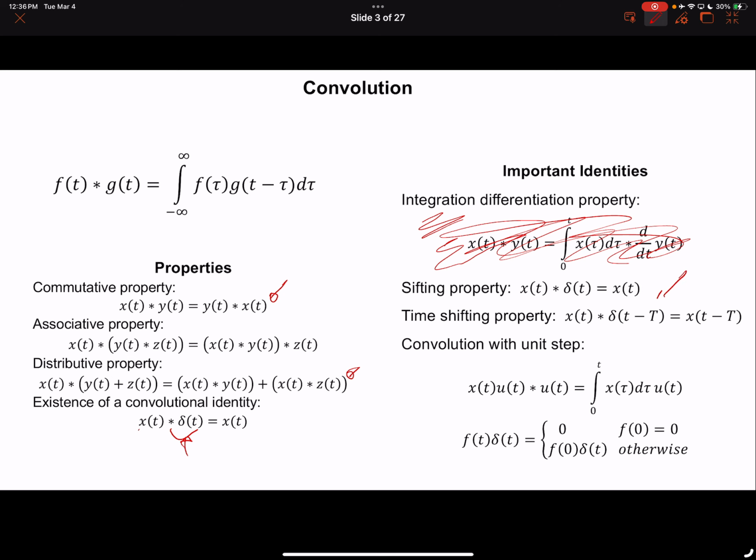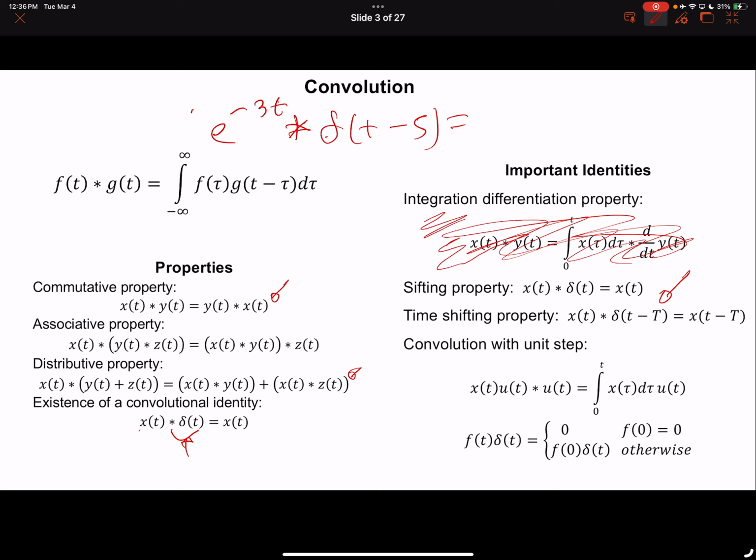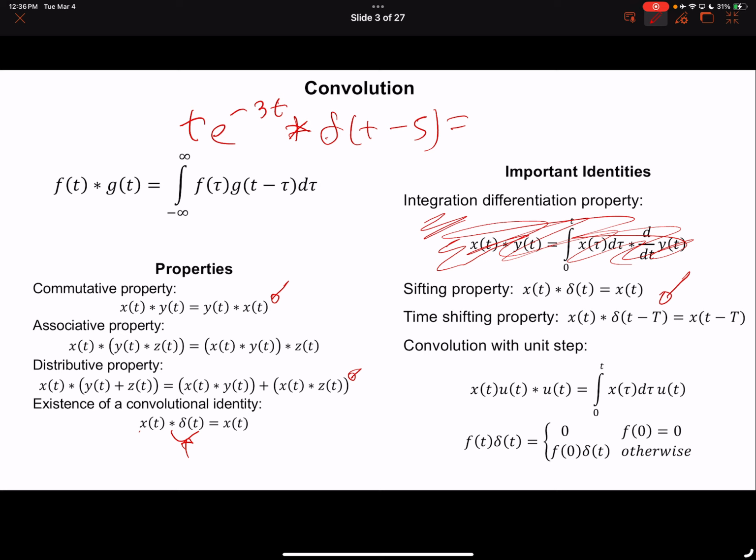But an important property is this time shifting property. So basically, if I have e^(-3t) and I convolve it with delta(t - 5), what would be the answer? Or here, let me make this more complicated. To do this convolution, whenever you convolve with a time-shifted delta function, you just take every t and replace it by t minus 5.